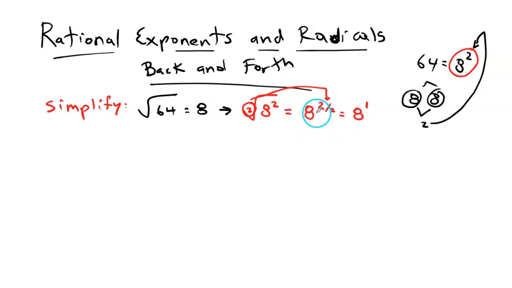Whenever I have a rational exponent, and this has to be in your notes, and it simplifies to a whole number, that means that number is on the outside of the radical. It's no longer inside a radical.